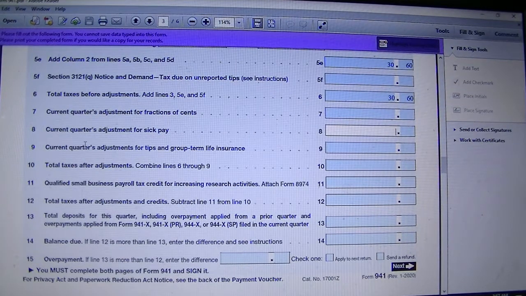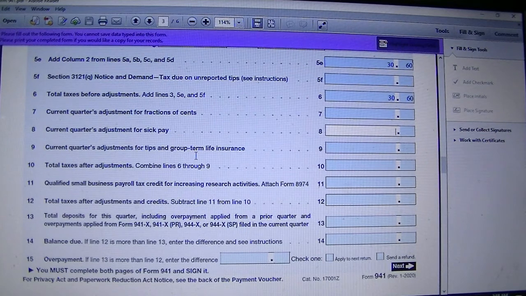So line 9, current quarter's adjustment for tips and group-term life insurance. Here it will be a negative. You'll use a negative sign here as well to make those adjustments for the tips and the group-term life insurance.